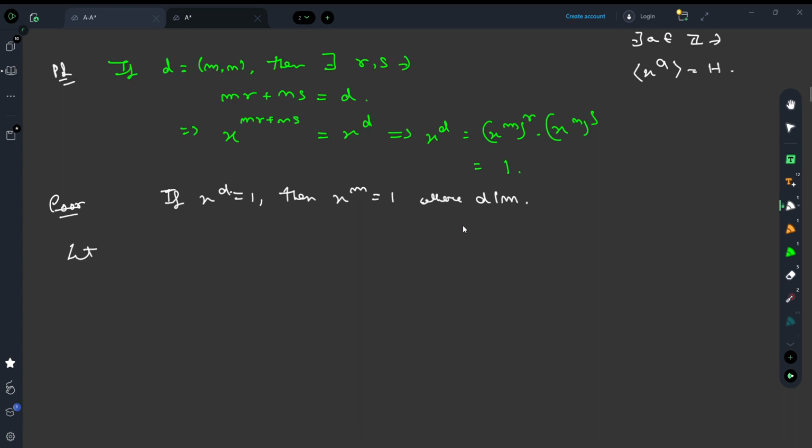If you are given the order of an element, let the order of x be d, right? Then obviously x to the power d is equal to 1, and x to the power m is also equal to 1 for all the multiples of d, right? This is a very trivial observation which we get. Right? Okay.